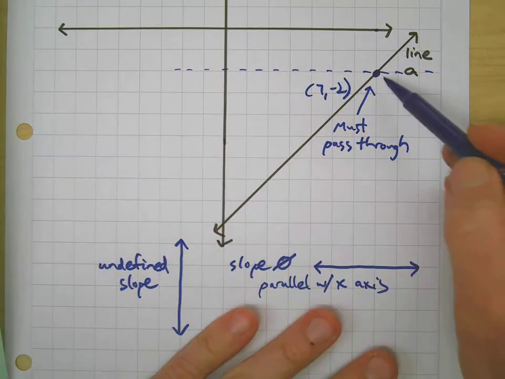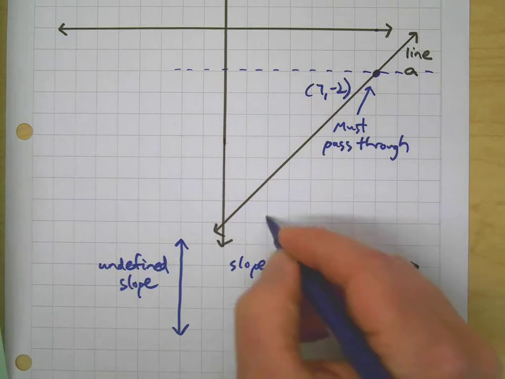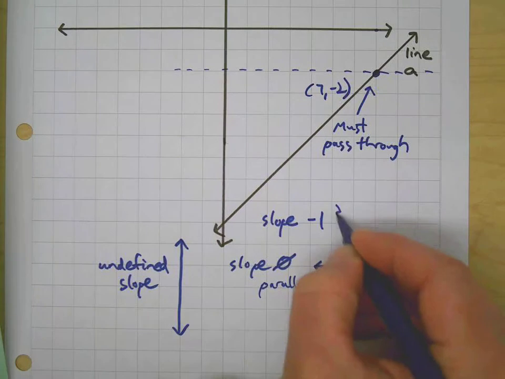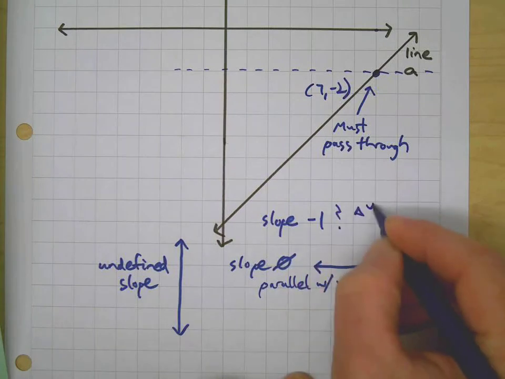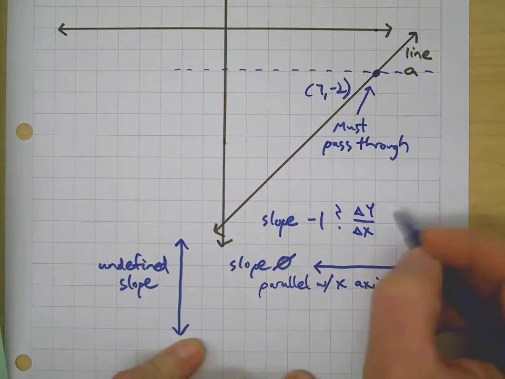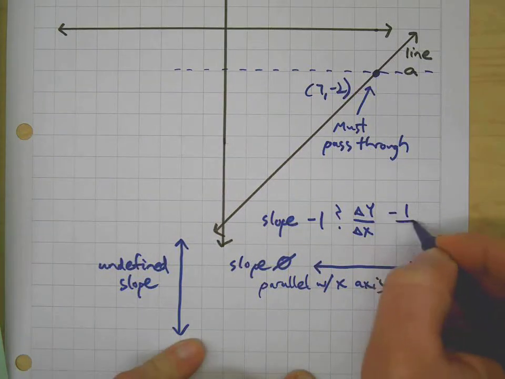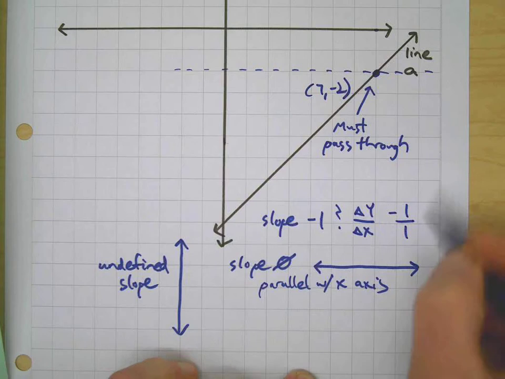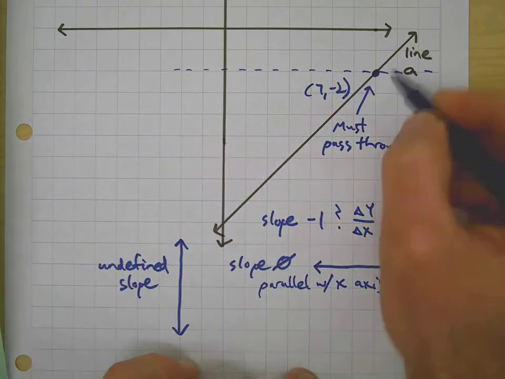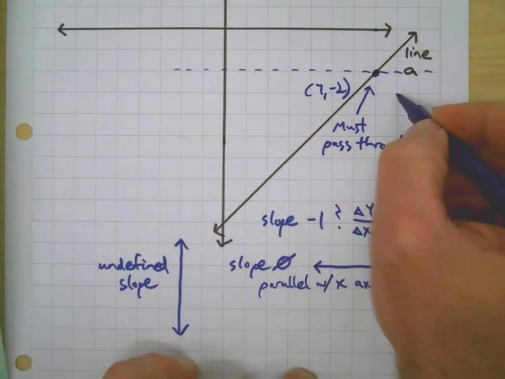Well, a slope of -1, what's that going to look like? A slope means change in y over the change in x. So that means down and right. Down 1, right 1.